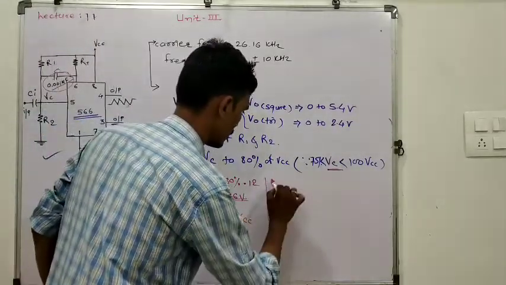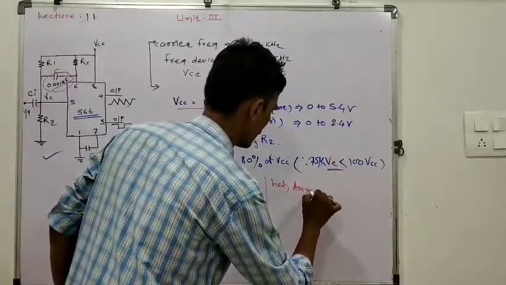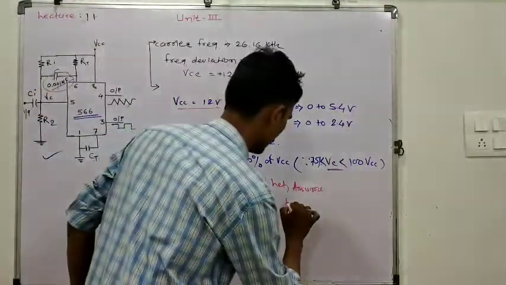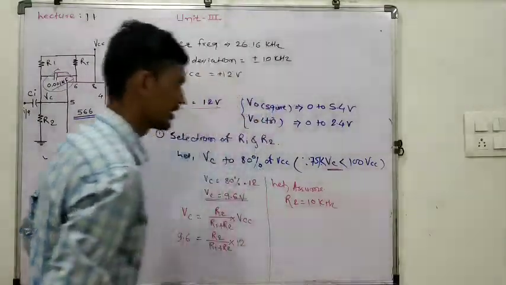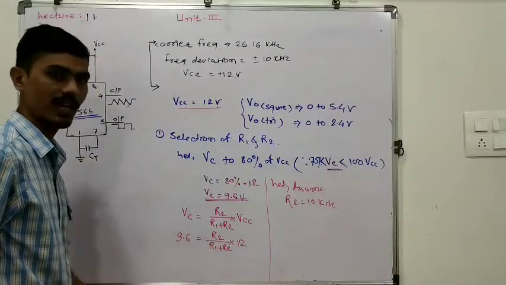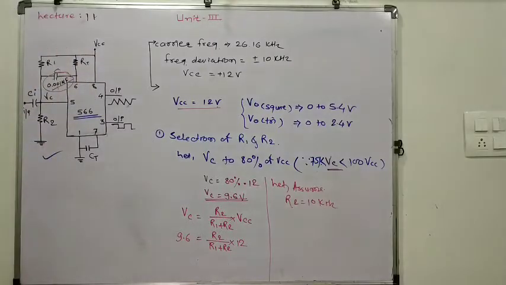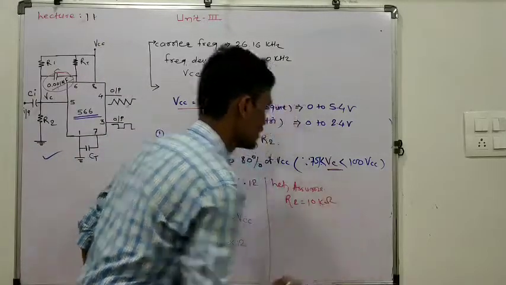So let us assume R2 is equal to 10 kilo ohm. Now there are two unknowns, that is R1 and R2. So here we are assuming the value of R2 is equal to 10 kilo ohm.